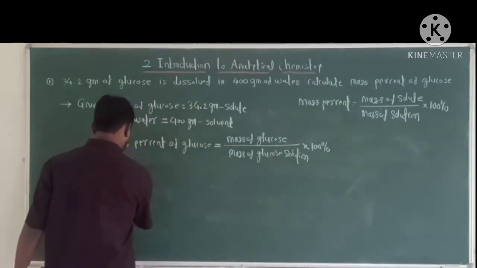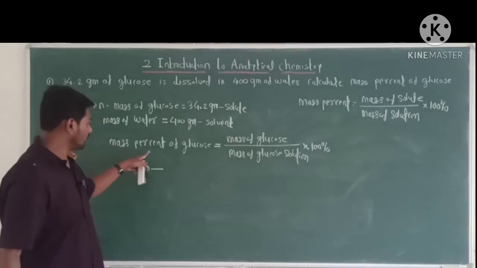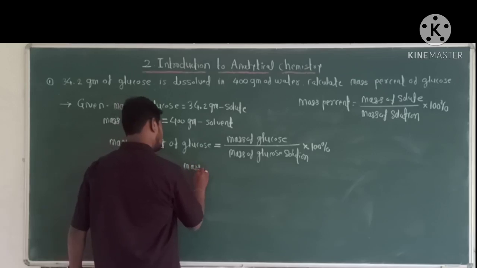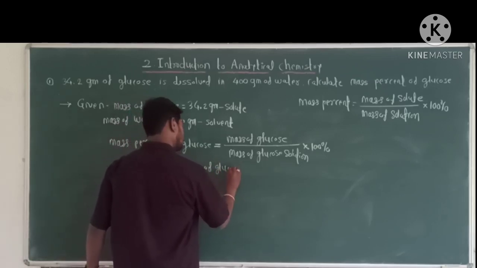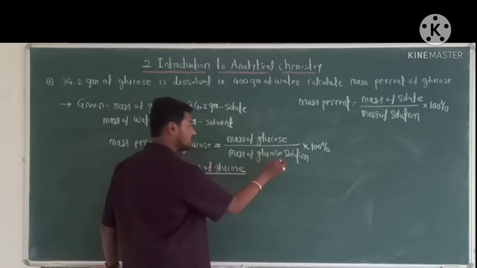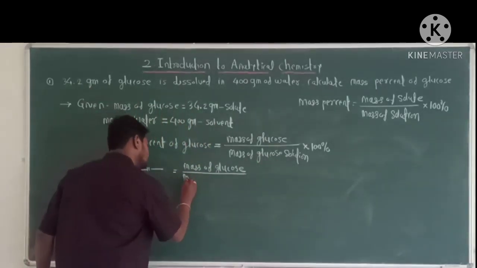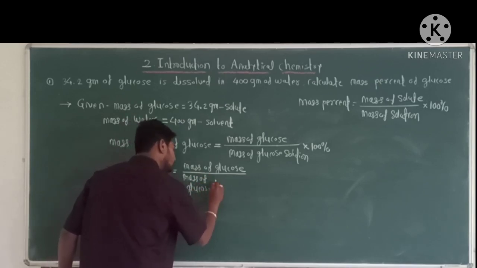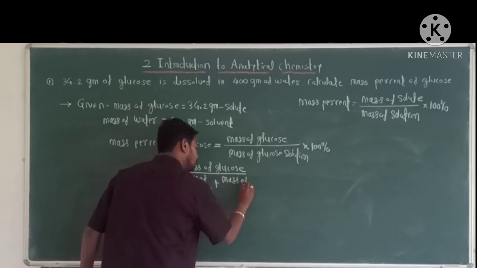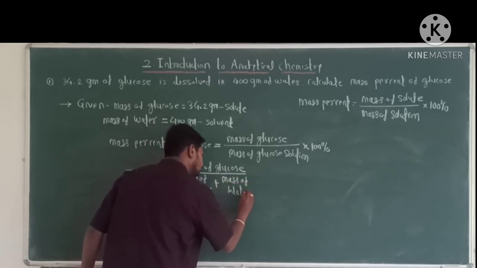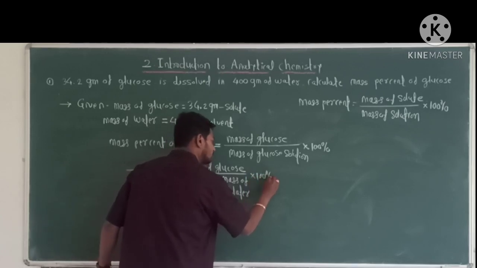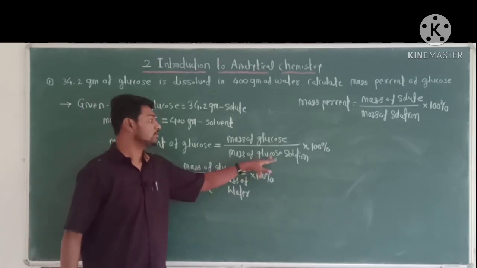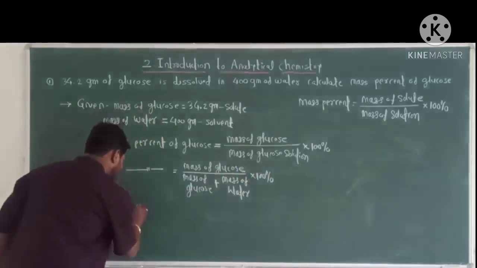Next, the mass percent of glucose is equal to mass of glucose divided by mass of glucose solution, meaning mass of glucose plus mass of water, into 100%.